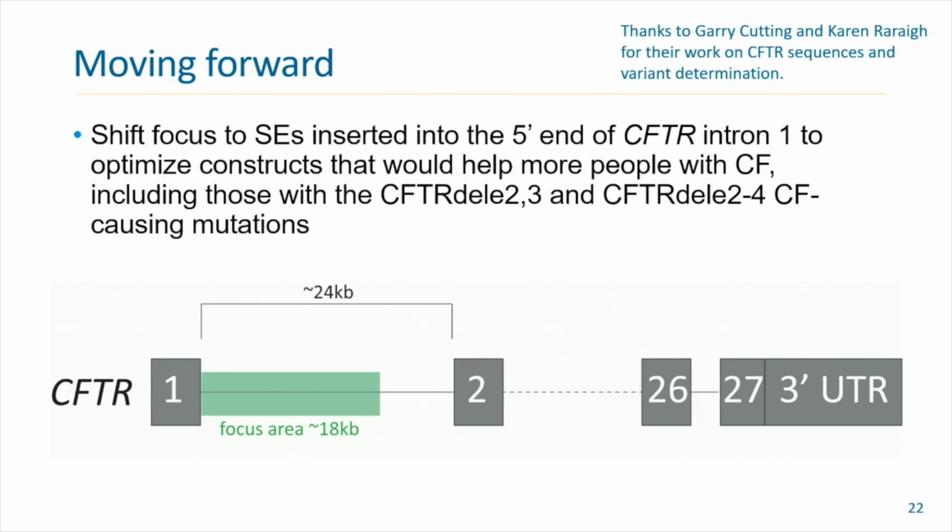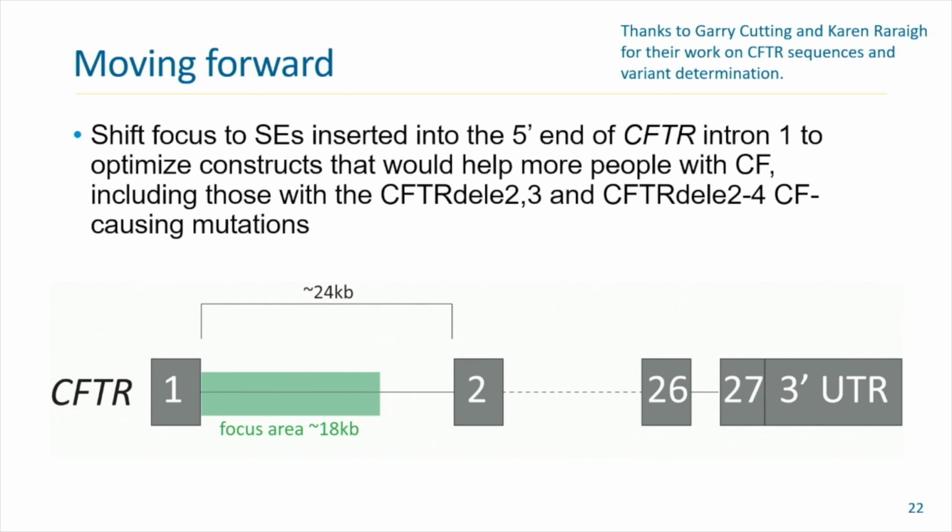So moving forward, we wanted to shift our focus to superexons inserted in the more 5' end of CFTR intron 1. What I showed you in the last couple slides had a very 3' insertion site. And that's because we want to optimize constructs that would help more people with CF, including those with the del2-3 and del2-4 CF-causing mutations.